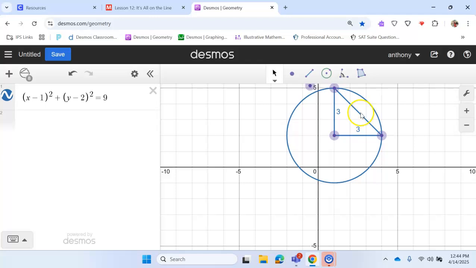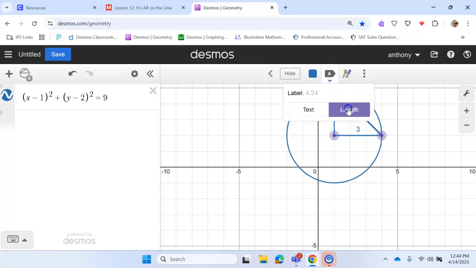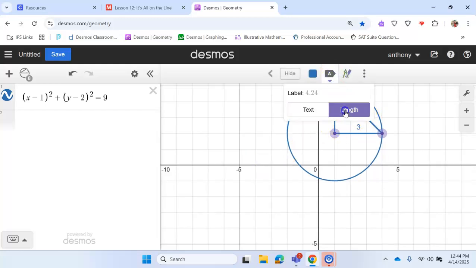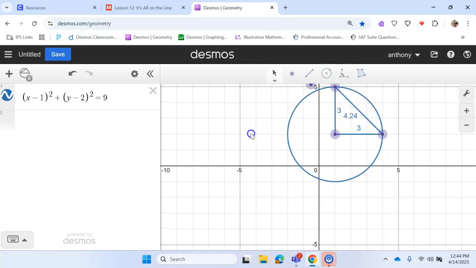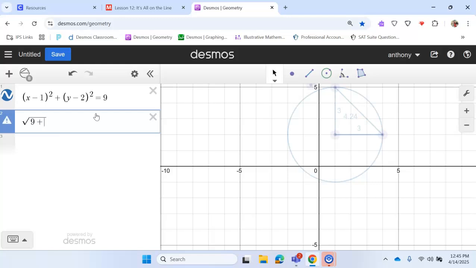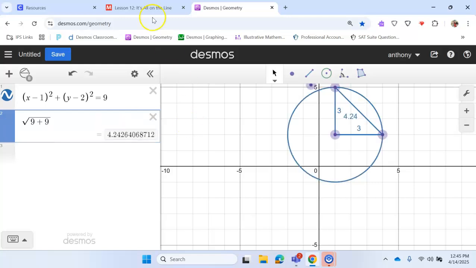The distance between these two points, you can see, has a length of 4.24. It is the square root of a squared, which is 9, plus b squared, which is 9, which equals 4.24.